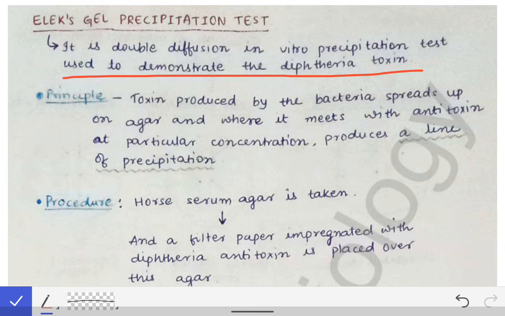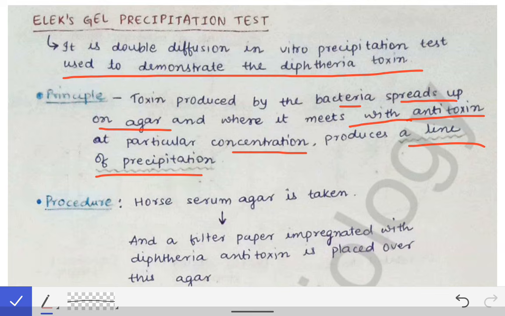Okay, so coming to the principle behind this Elek gel precipitation test, the principle is that the toxin which is produced by the bacteria spreads on the agar, and when it meets the respective antitoxin at a particular concentration, there is formation of a line of precipitation. We will see how. For the time being, just remember that when the bacteria is cultured or streaked over the agar, it releases the toxin and the toxin diffuses over the whole of the media.